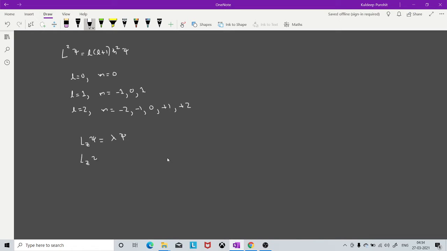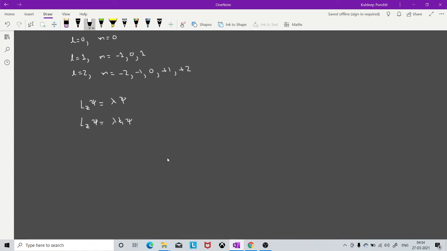So Lz operating on psi will be lambda h cross psi. And we know the expression of Lz, which is minus i h cross d by d phi, equal to lambda h cross psi.